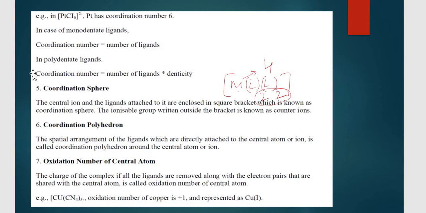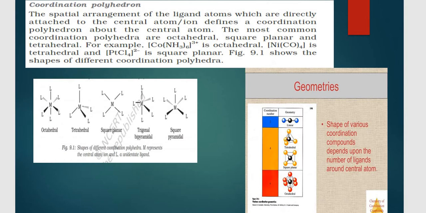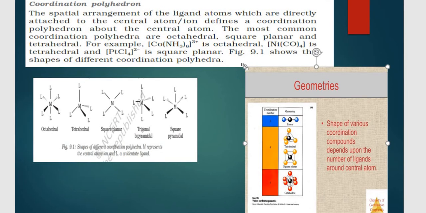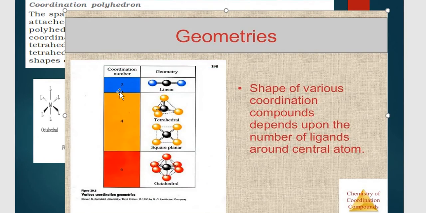Clear? Now the geometry or shape: there is a particular spatial arrangement of these ligands around the central metal atom. They are arranged in a specific way in space around the metal that gives rise to a specific geometry, which we call the coordination polyhedron. Depending upon the coordination number, it can be linear if the coordination number is 2.